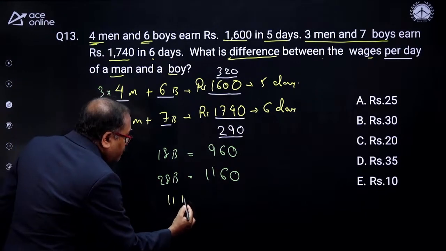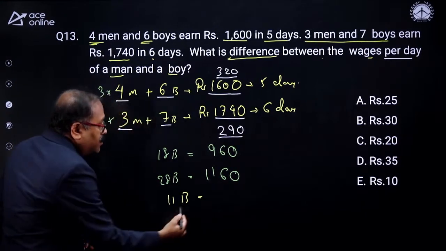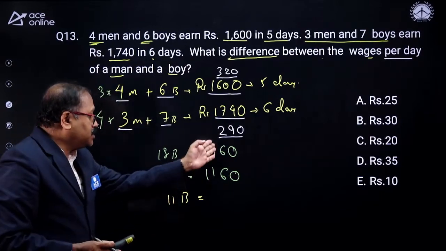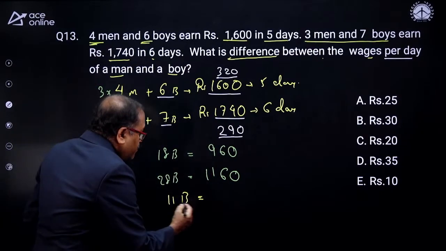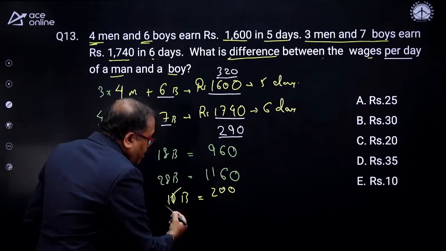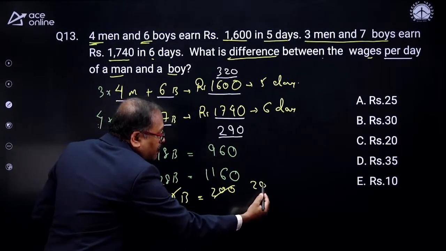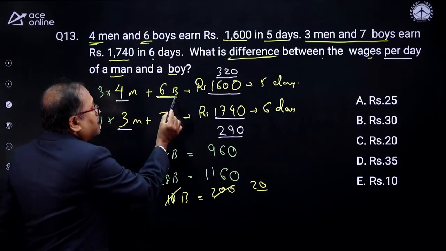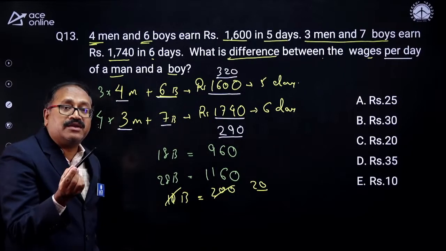Okay. Now 10 boys, what are their wages? That comes to 200. 10 boys, 200. Then 1 boy is 20. And once you get b is equal to 20, replace the b over here. So 20 into 6 is 120.